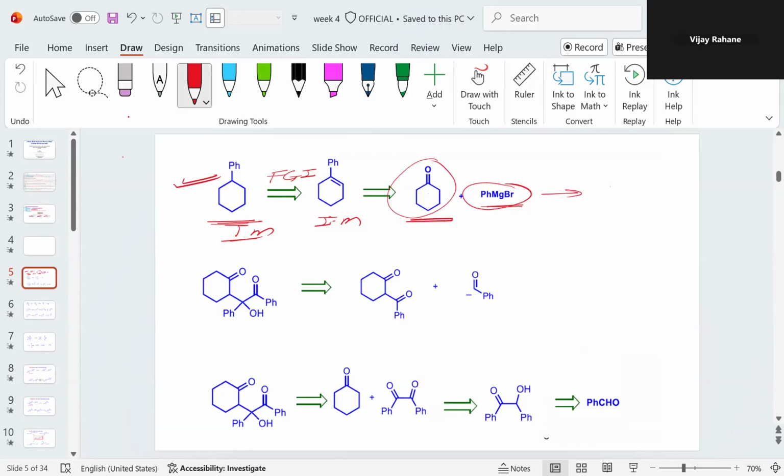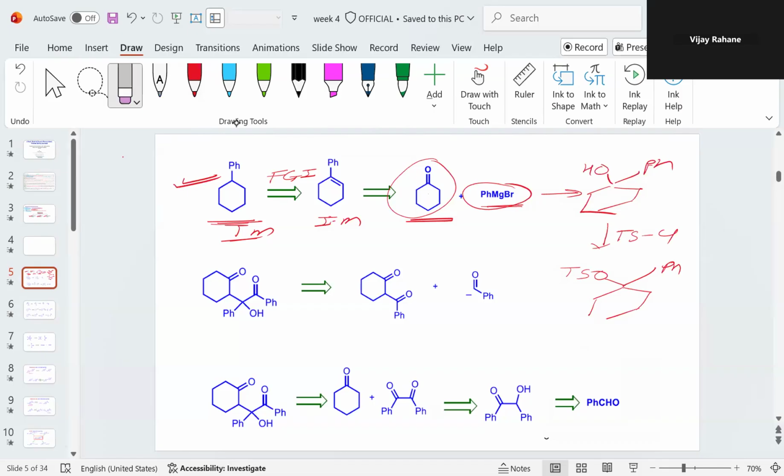So what it will give on the linear synthesis: this is a ketone, and ketone on reaction with the Grignard reagent gives the OH, and here there will be a Ph. If you do the tosylation of this hydroxy group with tosyl chloride, it will give the OTs. This Ph will remain as it is, and this six-membered ring will remain.